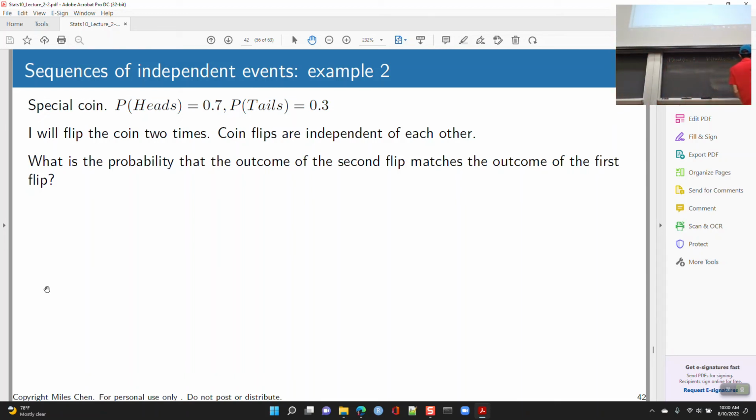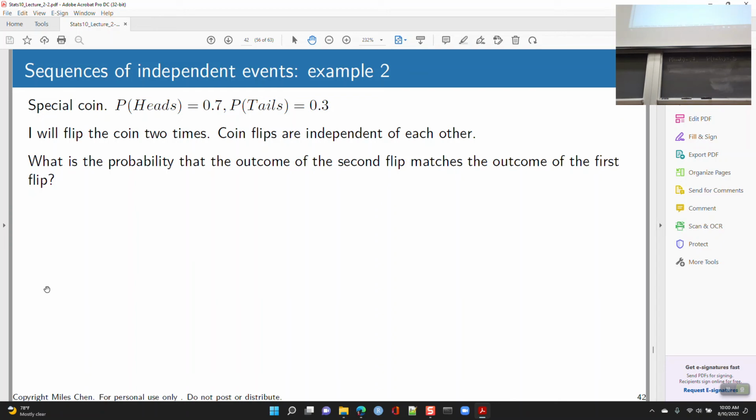It might be helpful in this case to write out what could possibly happen. When you flip a coin twice, you can get heads, heads. You can get heads on the first flip, tails on the second. Tails on the first, then heads on the second. You can also get tails on the first and tails on the second. So which ones count as the second flip matching the outcome of the first?